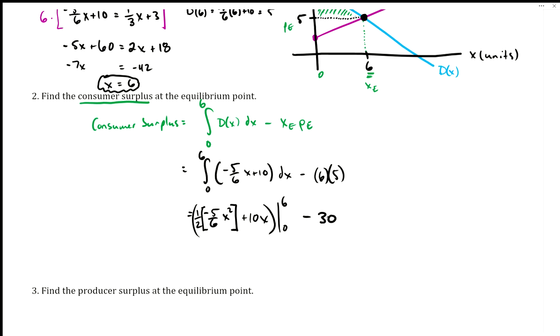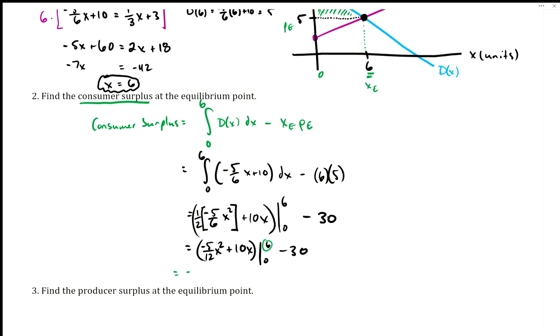Now we need to plug in. Let's simplify the 1/2 times negative 5/6, and then we'll plug in. So we have negative 5/12 x squared plus 10x, and then still the bounds, 0 to 6. A little tight on room, but we would plug those in. Remember, it's always the top one going in.